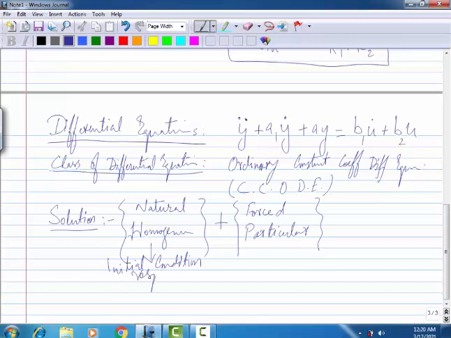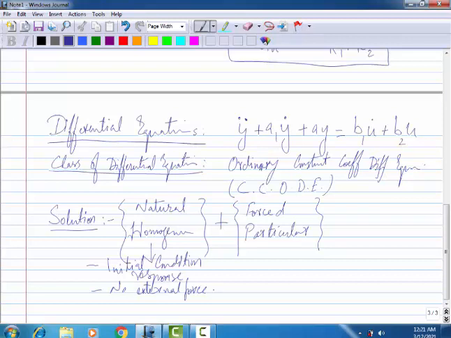So we call this the initial condition response. Second, there is no external force. These two are very important points: we put the input part equal to 0 and we just work on the initial conditions.